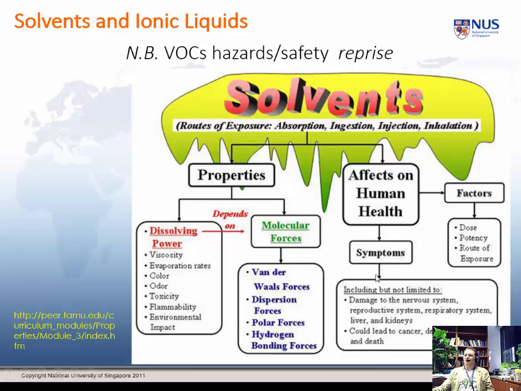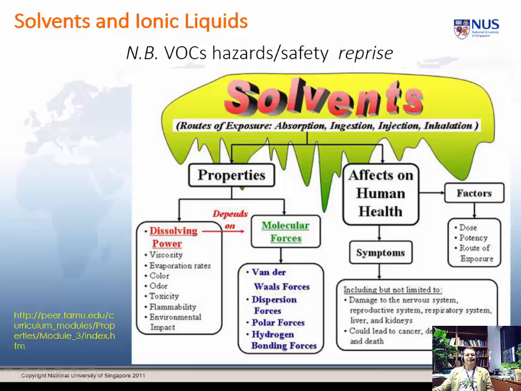This is just a little summary with symptoms, and how badly one is affected is going to depend on dose, potency, route of exposure. Some of these properties, okay, you have toxicity in there, flammability, environmental impact, but the colour and the odour may actually be less important properties, but all of the rest of these properties contribute to the right hand side of the diagrams.